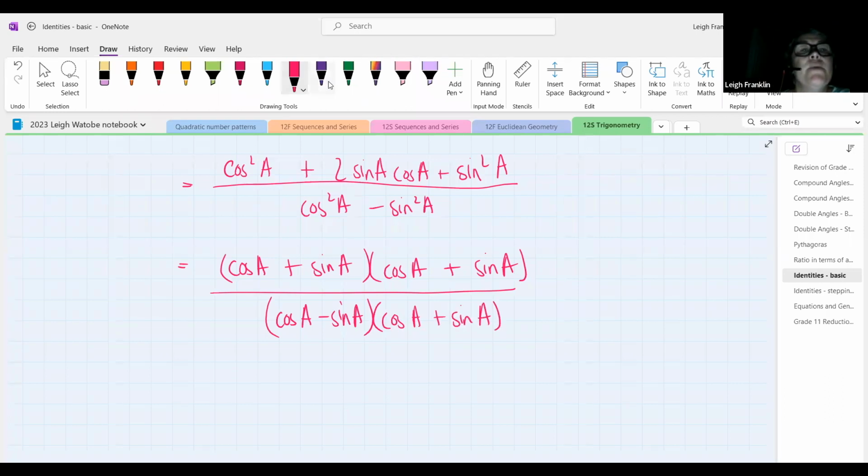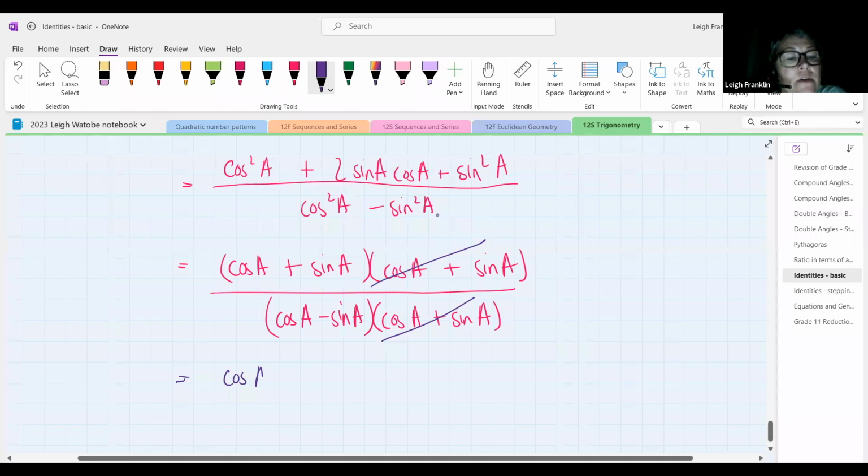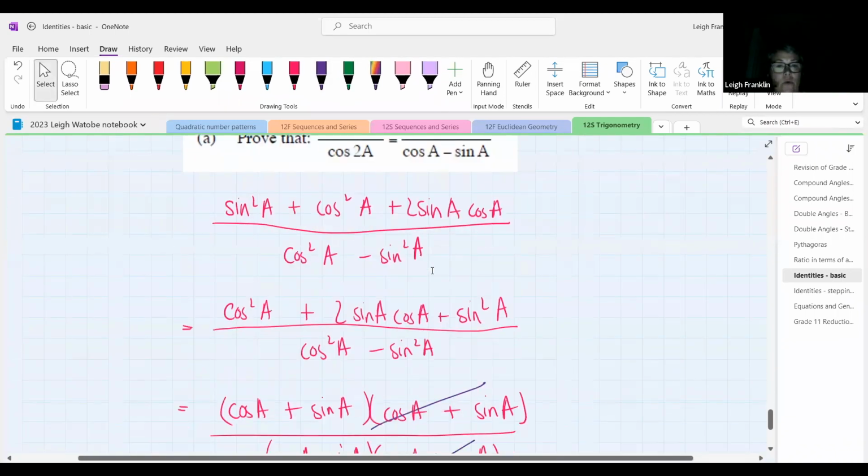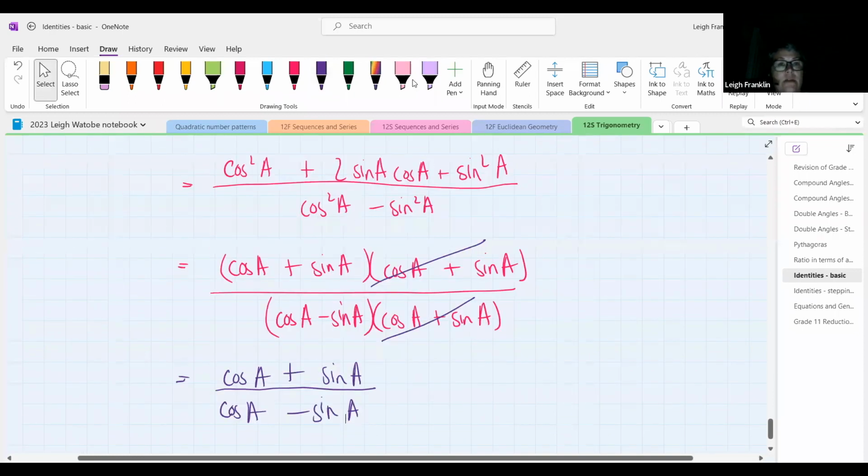And now we can cancel that at the top with that at the bottom. This gives us cos a plus sine a over cos a minus sine a. And then the left-hand side is equal to the right-hand side. There we go.